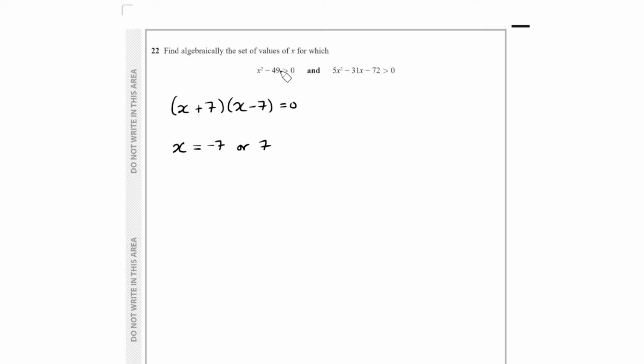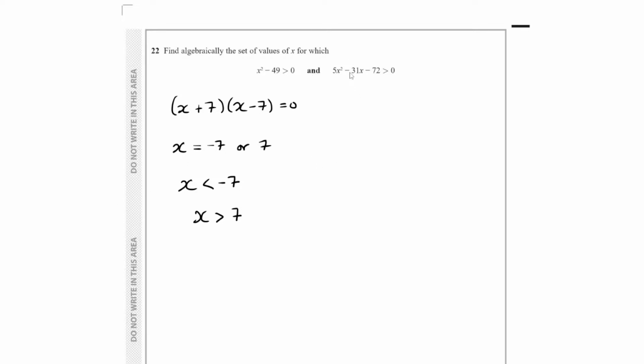When it faces away from 0, like this one, it means you're going to get 2 different answers, so 2 inequalities. You have to put x is less than the smallest number, -7 in this case, and then x is greater than the biggest number, which is +7. When it faces the 0, it means it's a range, so x would be between those 2 numbers. In this case, it's not.